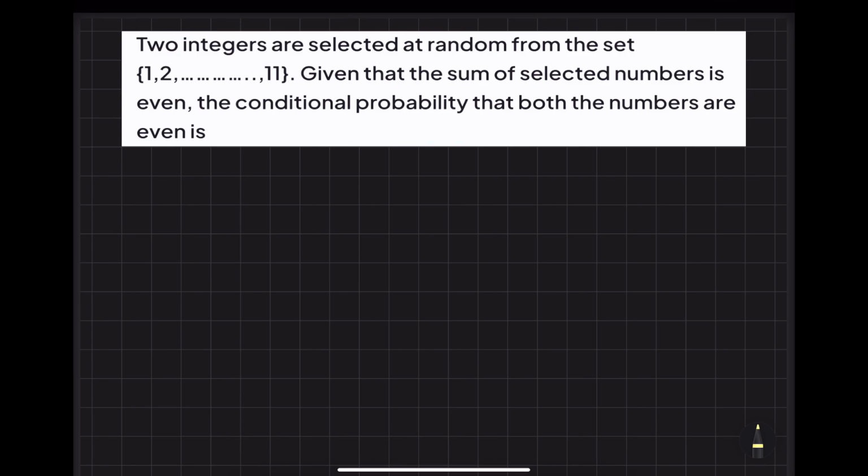So first focus on the sample space. Now look at this. They are saying that you have to select two numbers whose sum should be even. So the first number is 2. 2 is the first even number, but you cannot select 1 and 1 because you have to select two integers.